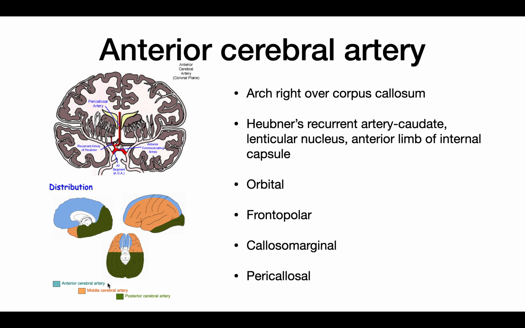The middle cerebral artery, however, is going to supply most of the forebrain, right here, the lateral sides, while the posterior cerebral artery is going to really supply the temporal lobes and the occipital lobe. Heubner's recurrent artery also is going to supply the caudate, lenticular nucleus and the anterior limb of the internal capsule. As you can see here, it is quite small.